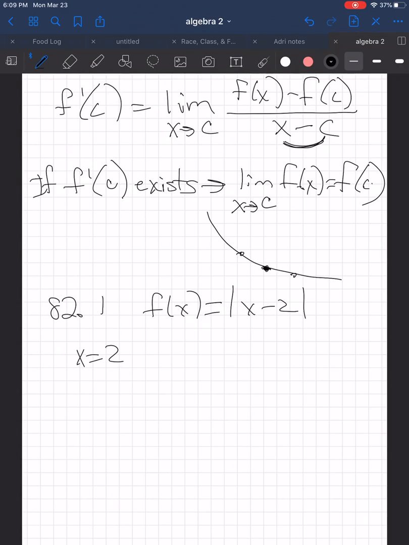To look at the derivatives, which is what it tells us to do, we have to define this. F of x, if this is a positive value, would be x minus 2. And if it's a negative value, then it would be minus x minus 2, which is the same as negative x plus 2.